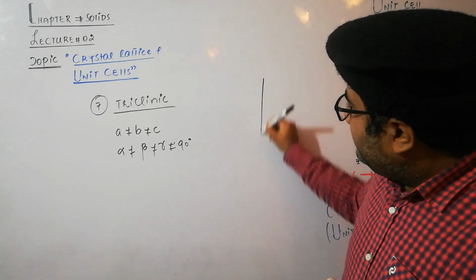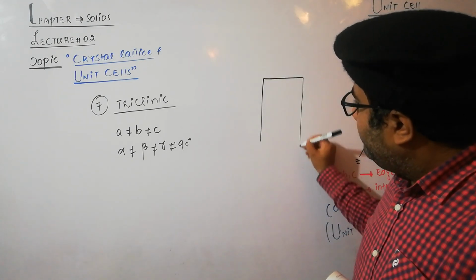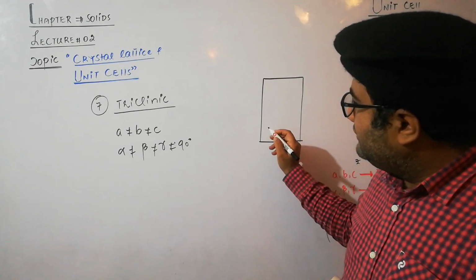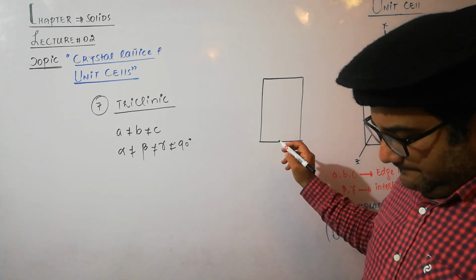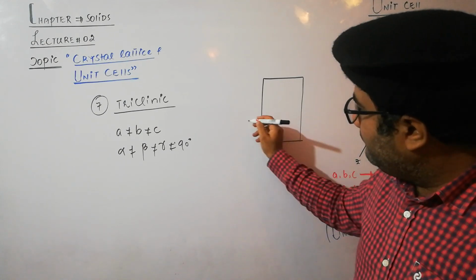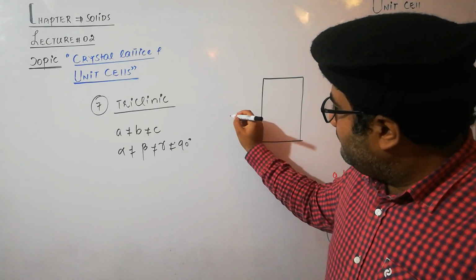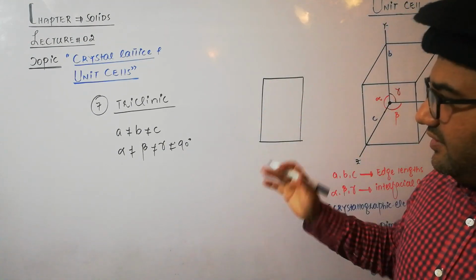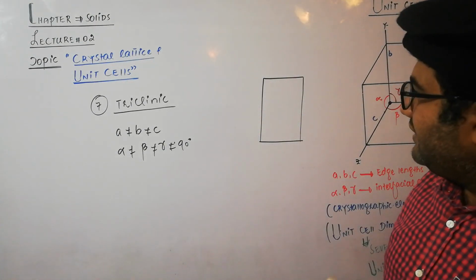How to draw this one? Make a rectangle, but that rectangle should not be a symmetrical one.